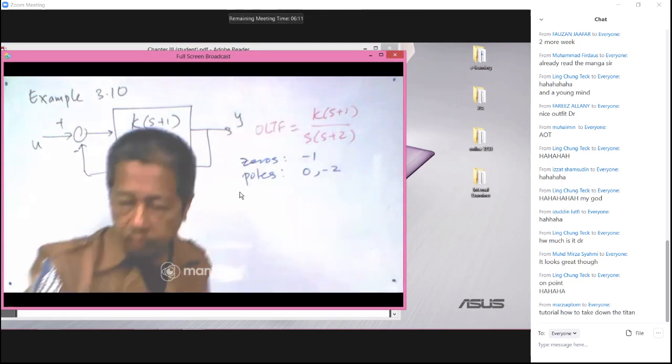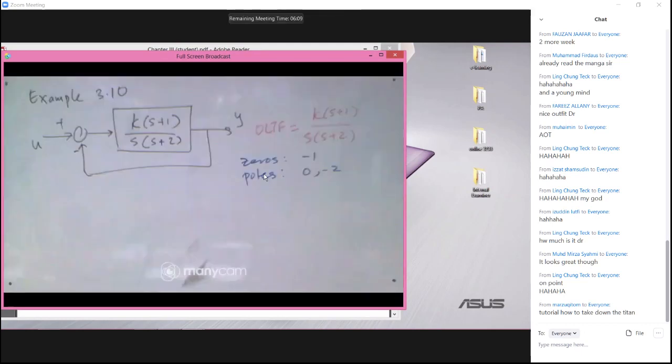From the open loop transfer function, we can see that we have one zero at -1, and then we have two poles, one at 0, one at -2. So the zeros are the values of s that will make the numerator equal 0. Poles are the values of s that will make the denominator equal 0. So we want to show that the locus starts at the poles and ends at zeros.